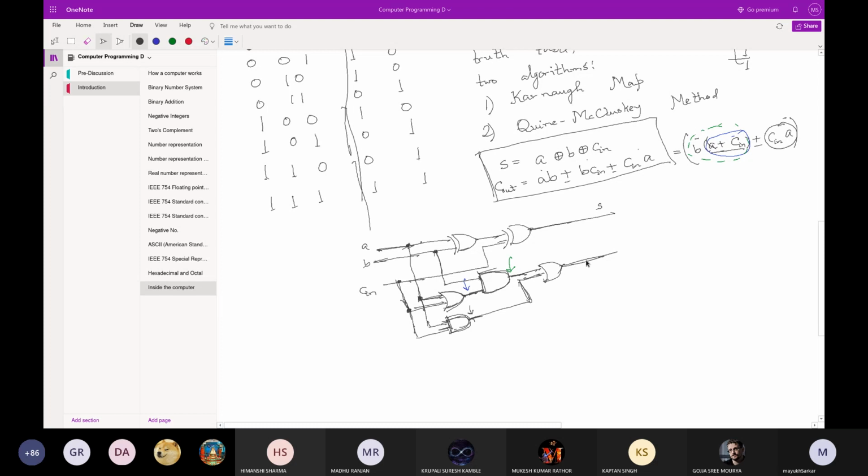This will give you the C out. And just encase it in a suitable IC. This will give you the full adder.